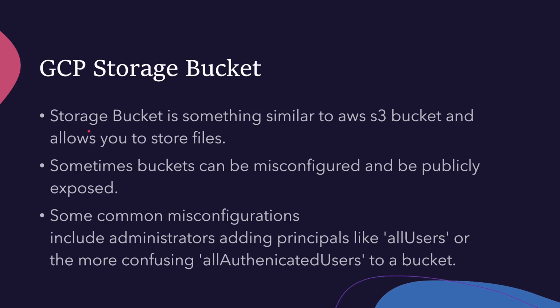But basically, an S3 bucket or cloud storage bucket, at a very high level, allows you to store files. But you may be wondering where exactly the hacking or security stuff comes in. Sometimes a bucket can be misconfigured, and there are cases where buckets have been misconfigured and sensitive information has been exposed publicly, right?